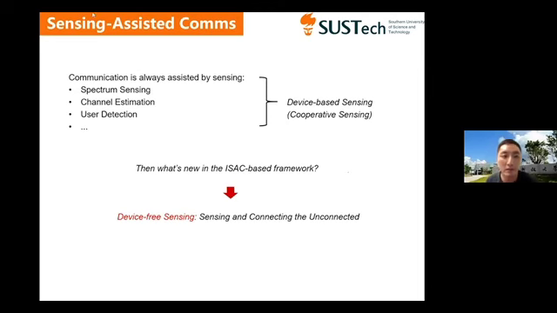So in the previous device-based sensing, we have all these systems that are connected into the networks. But if we want to sense some target objects that are not connected, then we need device-free sensing. So this is a more interesting scenario in the ISAC-based framework.